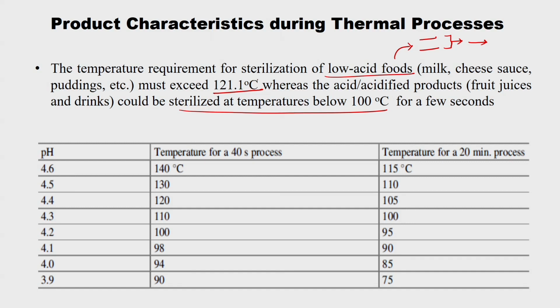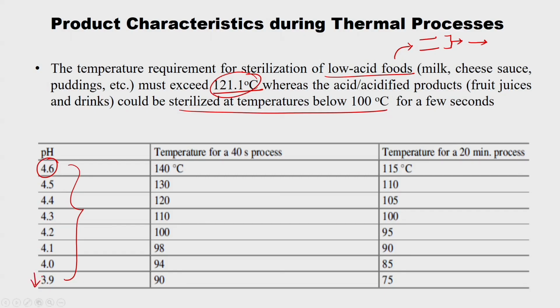So, for low acid food, this is the strict temperature regulation we need to follow. And the major thing is the pH. pH also affects the time temperature combination quite heavily. So, this comes under low acid food. So, this goes to the acid food category.